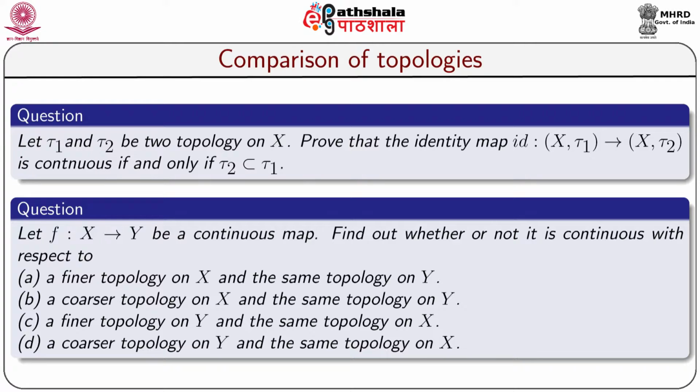Next, let us consider some questions. Let f from X to Y be a continuous map. We have to find out whether or not it is continuous with respect to a finer topology on X and the same topology on Y. So, if the topology on X is finer, then continuity obviously will remain, and if the same topology on Y, then also it will hold.